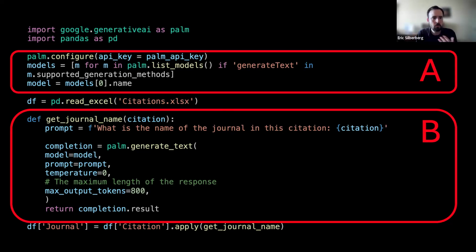So I split up the code into two parts, A and B. We're going to take a closer look at A and B. Part A is how you connect to PaLM and set up the model that you're going to be using. And part B is how I use it in Python in a function to automate through a list of 50 citations to get the journal names.